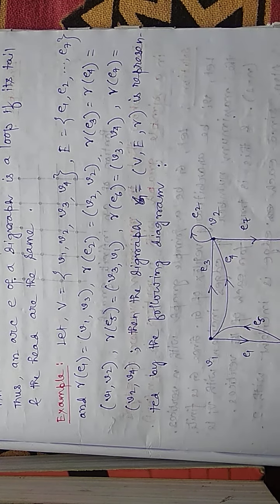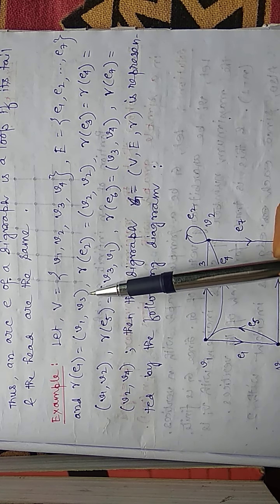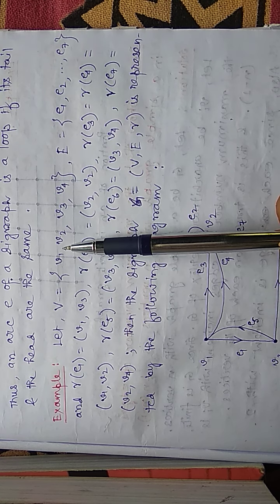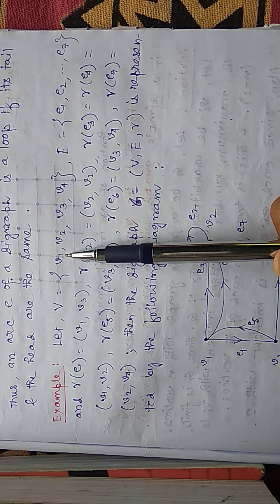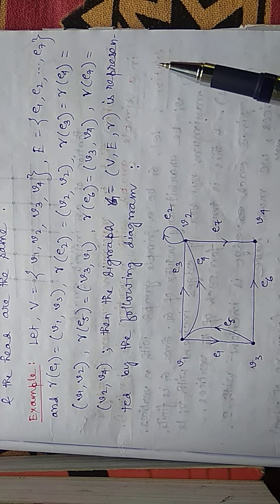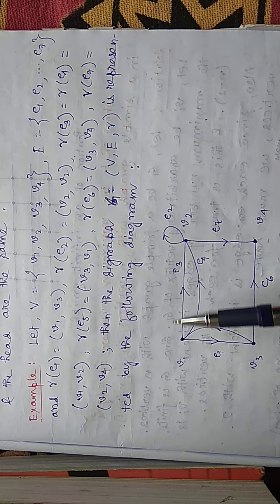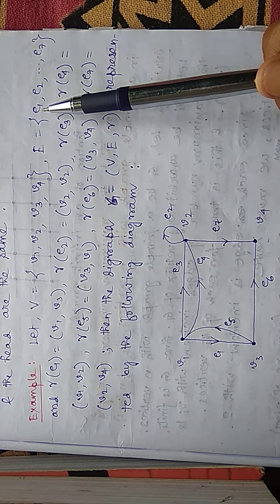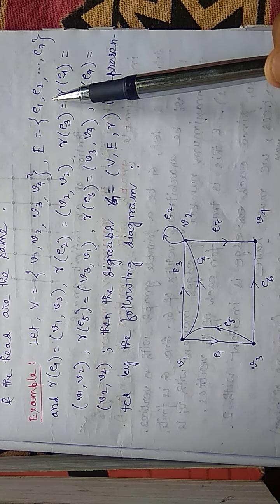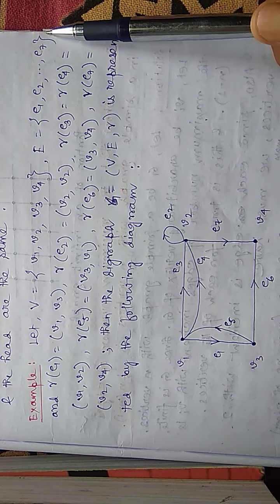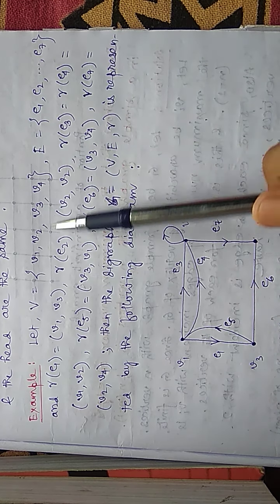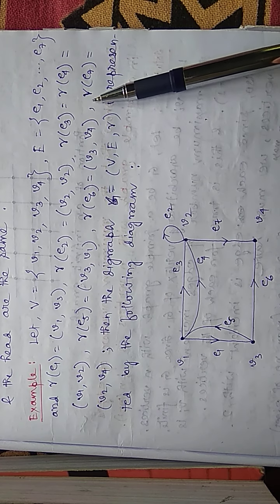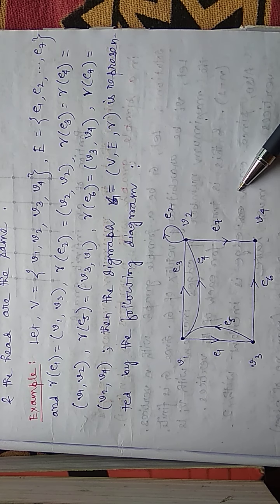Now let us take some example and draw the digraph. Let V equal the vertex set containing the vertices V1, V2, V3 and V4. E is the edge set containing the edges, actually directed edges, E1, E2 up to E7, and the incidence relation is defined as follows. Then the digraph is here.